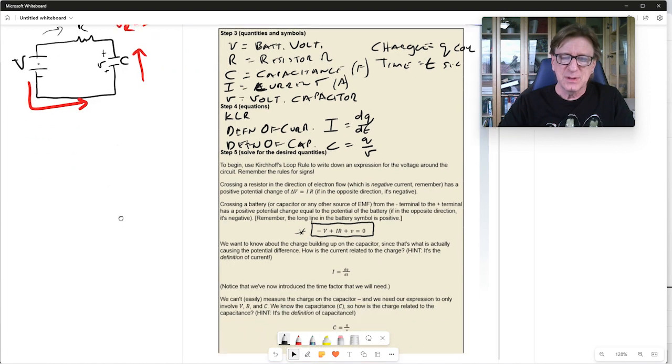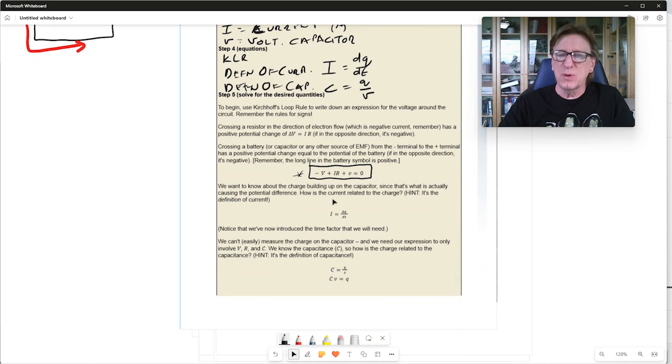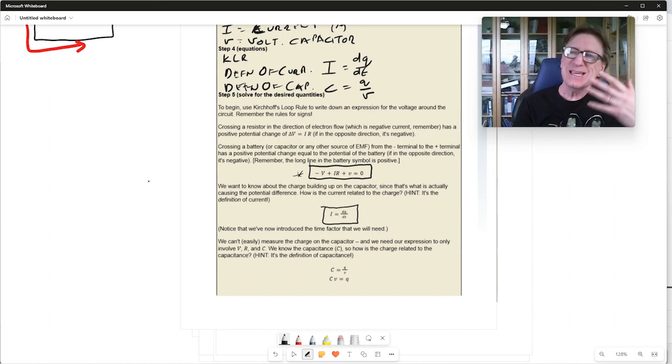Okay, so now we want to know about the charge building up, so we said, okay, that's going to have to be the definition of the current here. That's charge over time. That's charge building up. And we say that now we've got that time factor that we need. So since I can't easily measure the charge, I want it to only depend upon the things I can measure: the voltage, the resistance, and the capacitance.